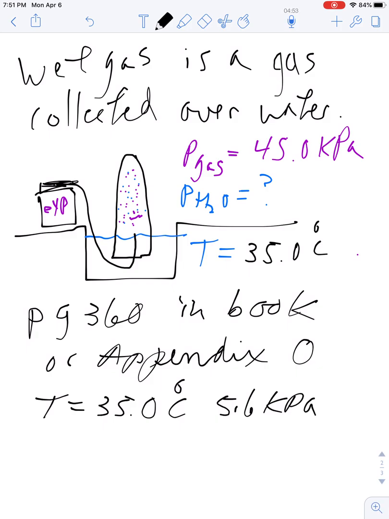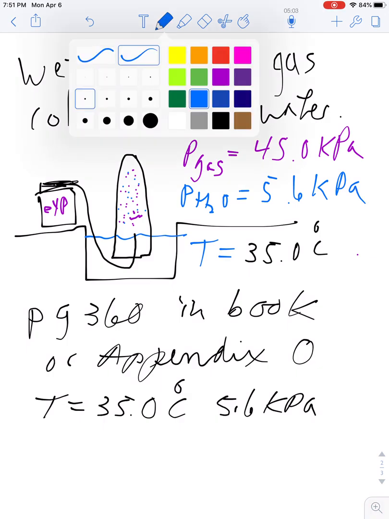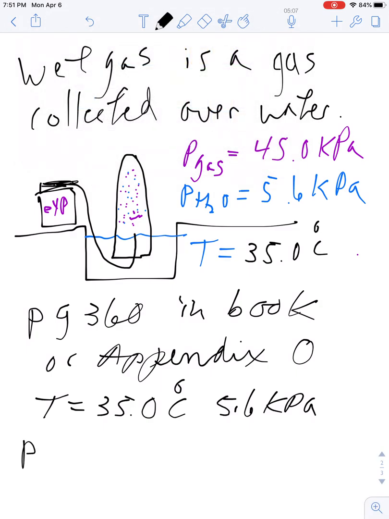So now I know that my water vapor pressure is 5.6 kPa. So then the total pressure of the system is 45 plus 5.6.